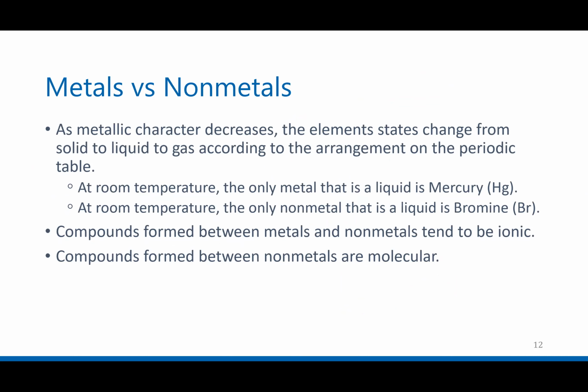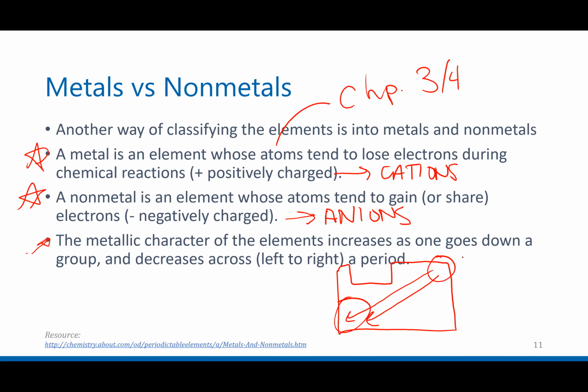Okay, what I want you to think about is, looking at that periodic table, I want you to notice something. In the top right of the periodic table, you'll notice a lot of gases, and in the bottom left, a lot of solids. You do not have to memorize that.